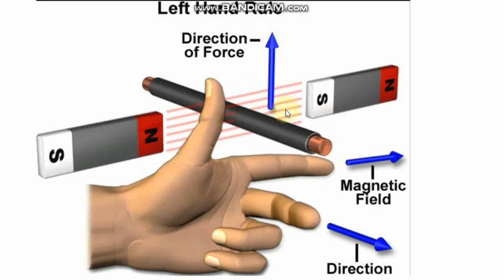This is the north pole, this is the south pole, and the magnetic field lines are in between the north and south pole and are directed from the north pole towards the south pole. So this is the direction of our magnetic field as indicated over here. The magnetic field is directed from north to south.